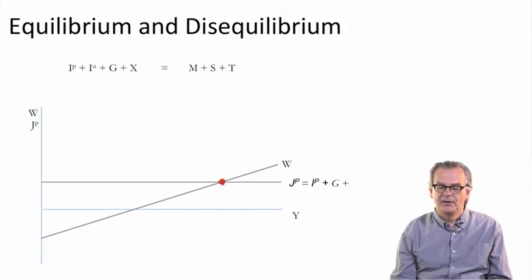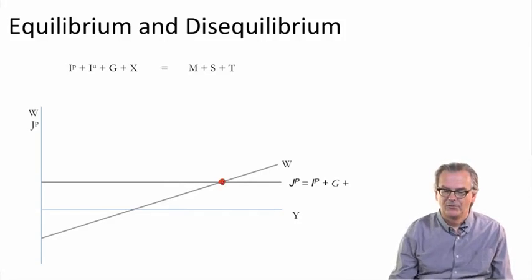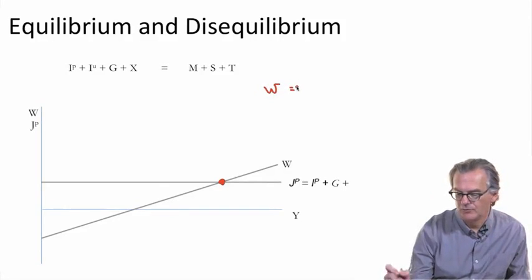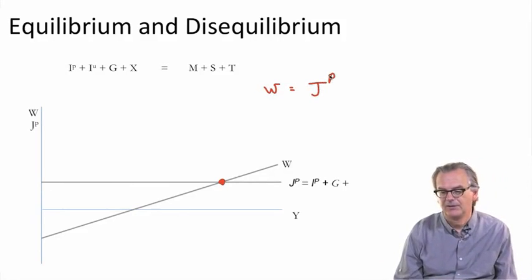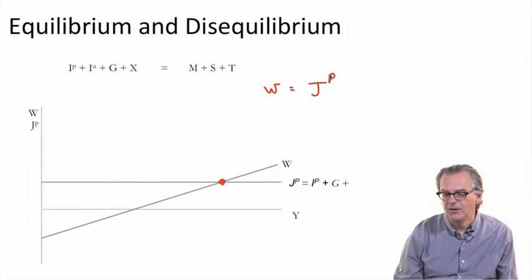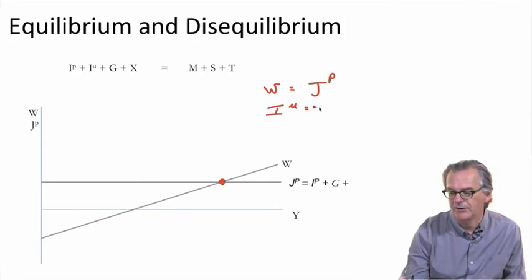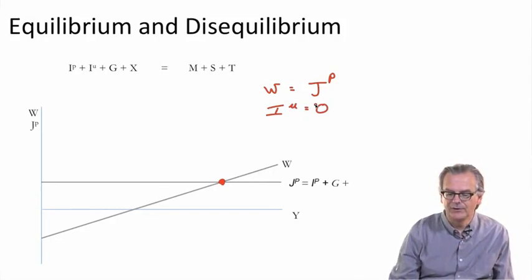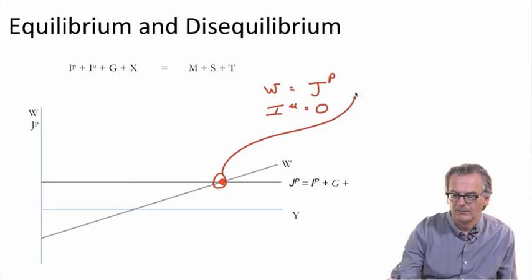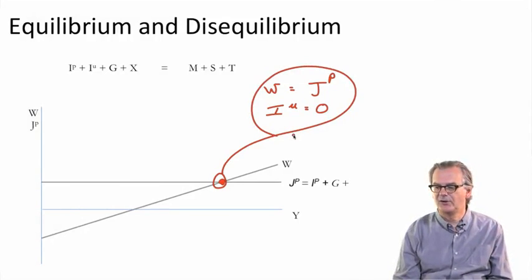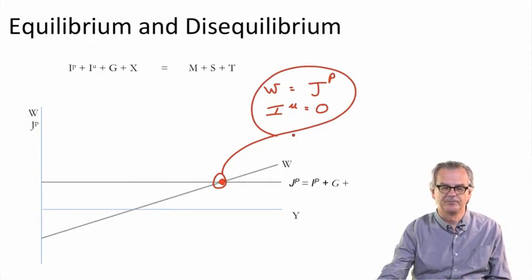It is only at that point do we have withdrawals equal to planned injections, and withdrawals can only equal planned injections if there are no unplanned changes to inventories. What you're looking at there is an alternate representation of the economy's equilibrium.